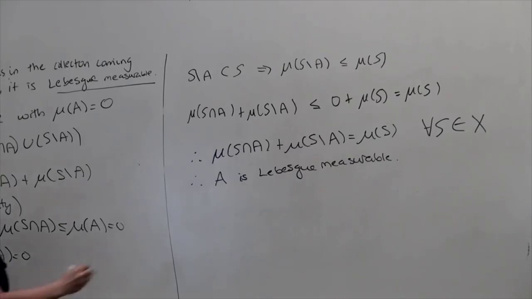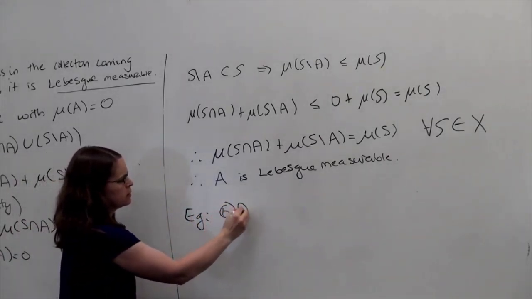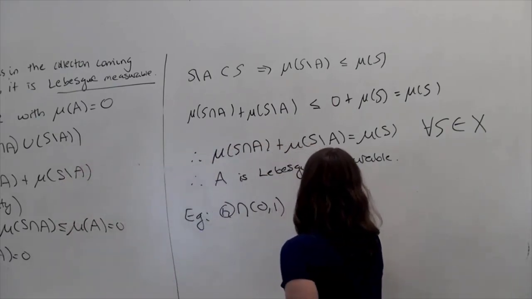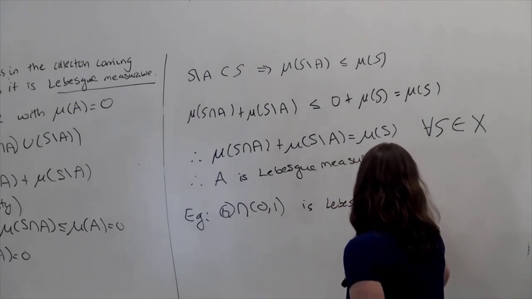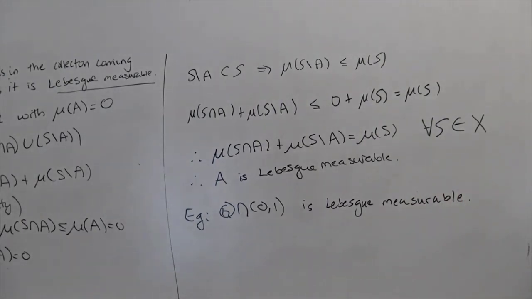Okay, so for example, this guy that we did, the rationals between 0 and 1, is actually a Lebesgue measurable set. So not only can we come up with a number when we stick this inside our function mu, we can always come up with a number. It's a number that's kind of meaningful, that will play well with other sets.